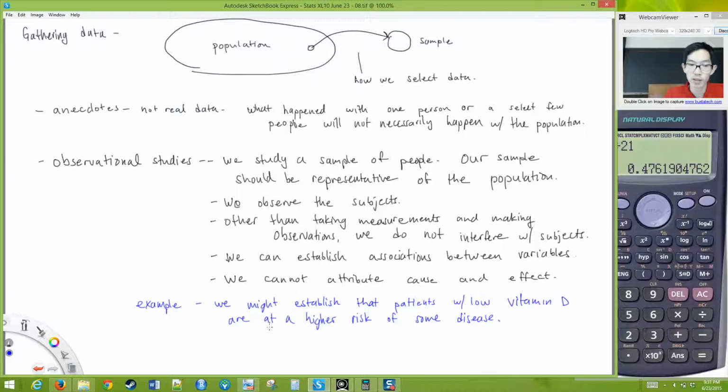Okay? But we do not say low vitamin D causes the disease.